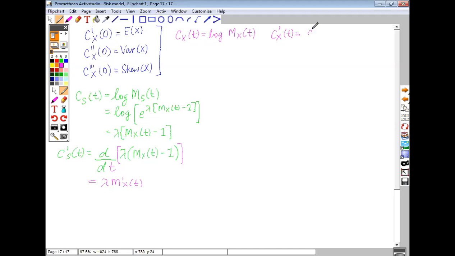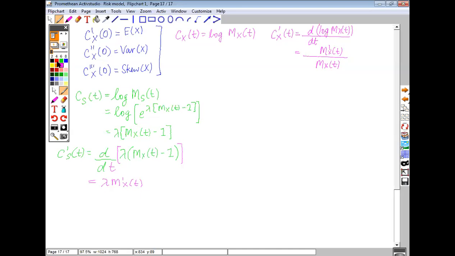I'll be taking the derivative with respect to t of log of M_X(t). If I'm taking the derivative of log of something, that itself will come in the denominator, and I'll have M_X prime of t in the numerator. Does everyone agree with this?